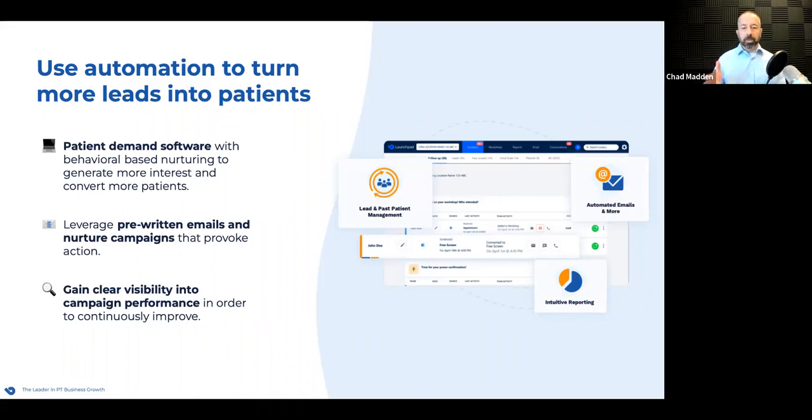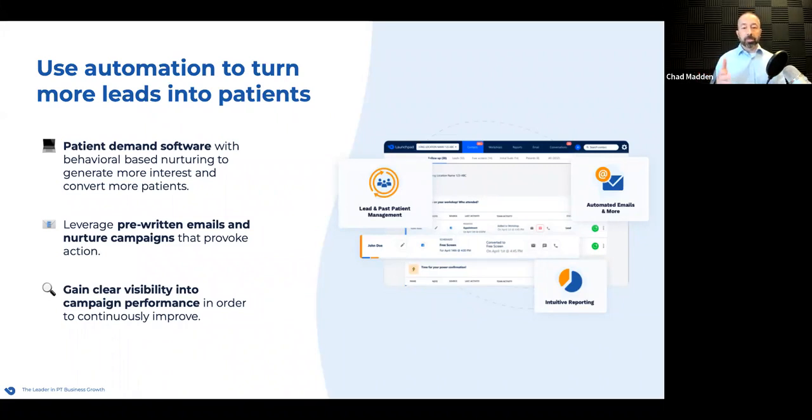So we want to use automation to turn more leads, or people that respond to your ads, into paying patients. We have patient demand software that we've been developing for 5+ years here at Breakthrough with behavioral based nurturing. That means based on what the person does and how they interact as they go through the campaign, it generates more interest, builds trust over time, exactly like what Robin talked about, and converts more people into paying patients.